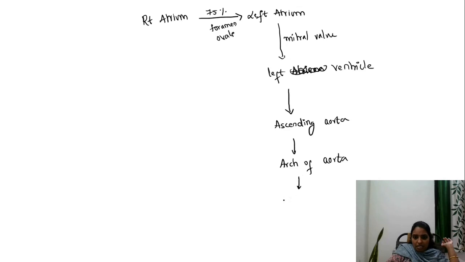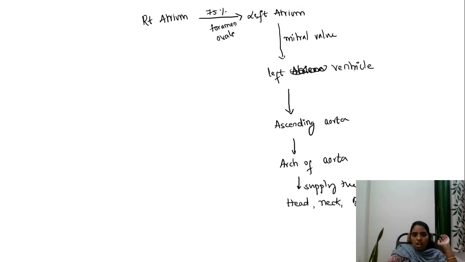From the arch of aorta it supplies the head, neck, brain and arms. This is the other portion. First, from the umbilicus to the heart. From the right atrium it enters the left atrium. From there, again, how it supplies: that is the other part.